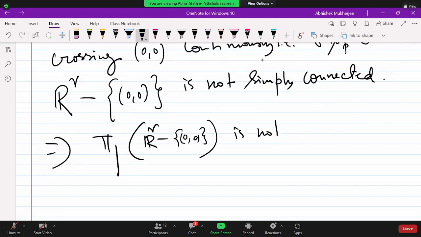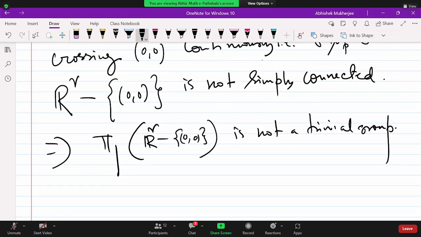We can characterize this group later using covering spaces.